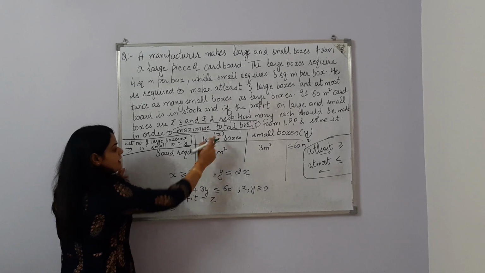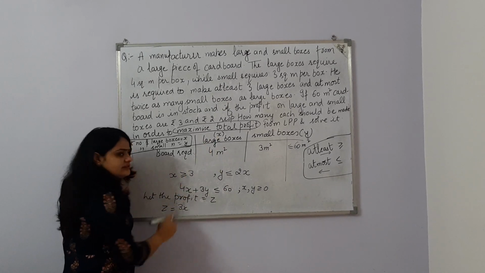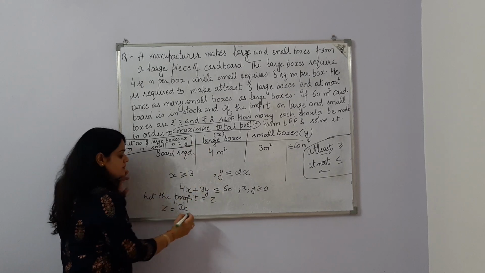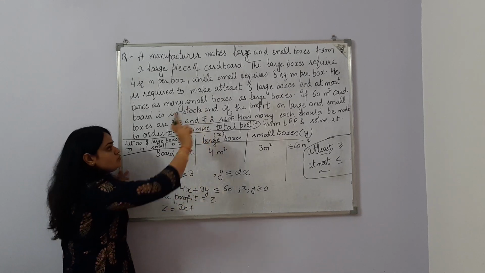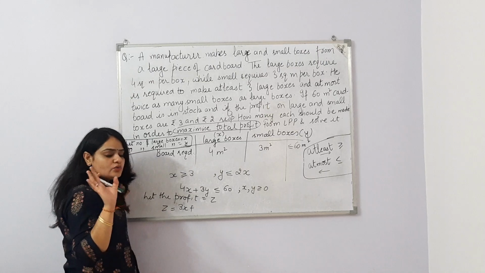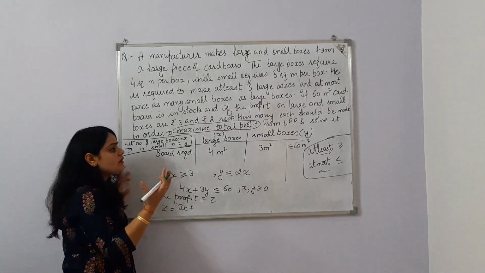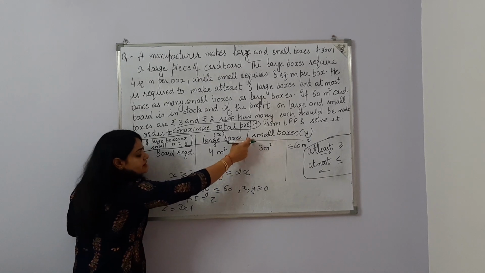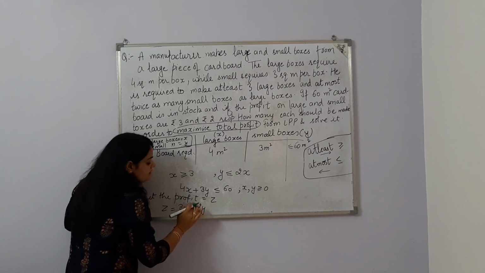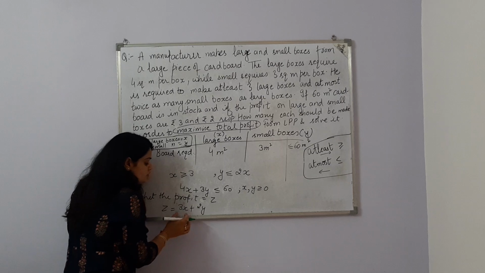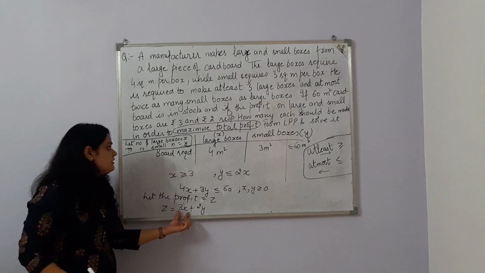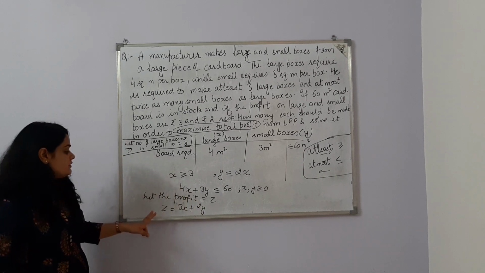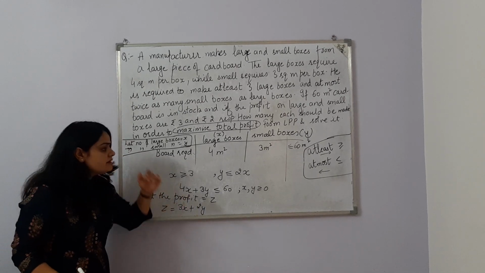So large boxes are x, so it is 3x. 3x is the total profit on selling the large boxes, and 2 is what he gets on selling the small box. Total small boxes are y, so it is plus 2y. The total profit is 3x plus 2y. 3x is the total profit on large boxes, and 2y is the total profit on small boxes. So z is equal to 3x plus 2y.